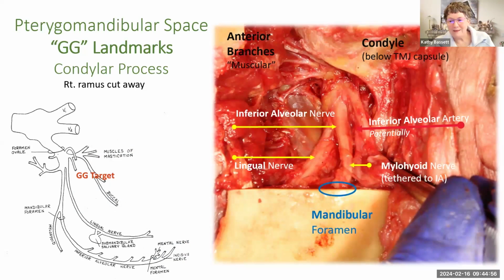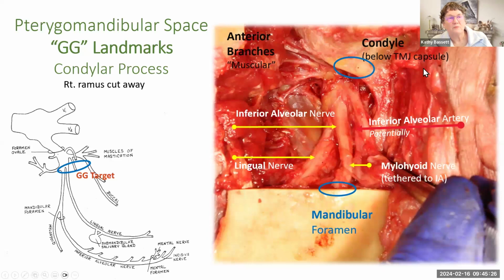So for the Gow-Gates technique, we're going to move up to this higher target here. This is putting us up at the junction between the anterior and posterior branches of the inferior alveolar nerve. So here our goal is to capture more nerve branches with a single insertion. And we need to note that the buccal nerve actually comes off this anterior branch.